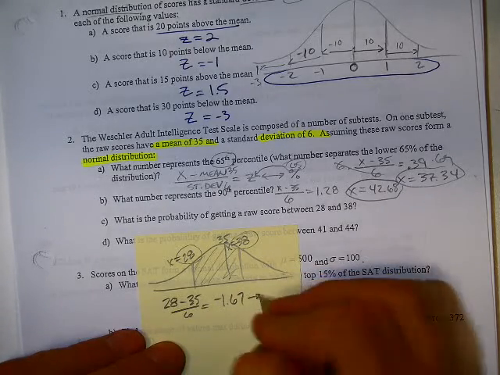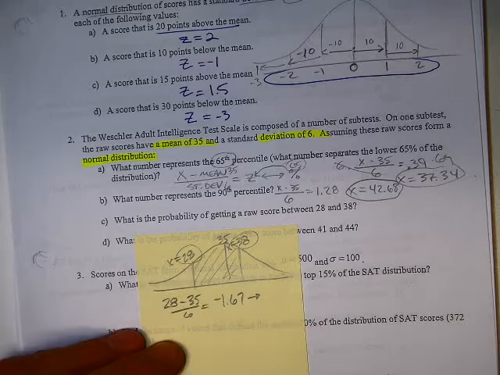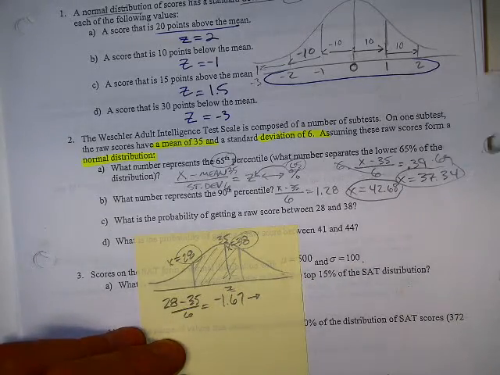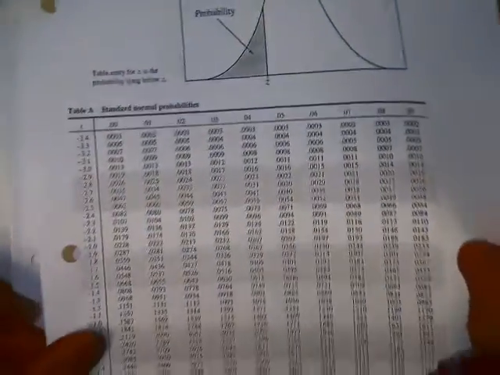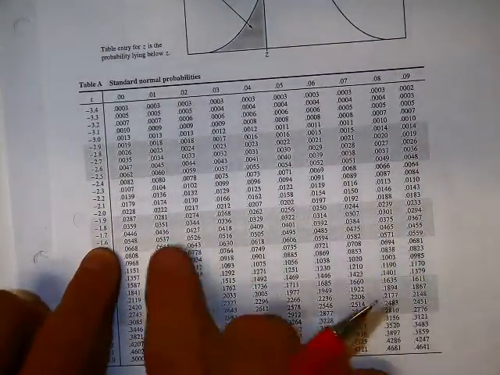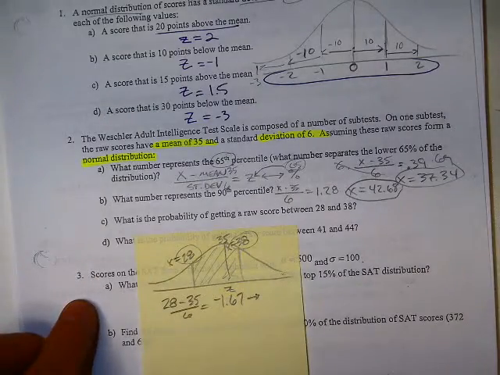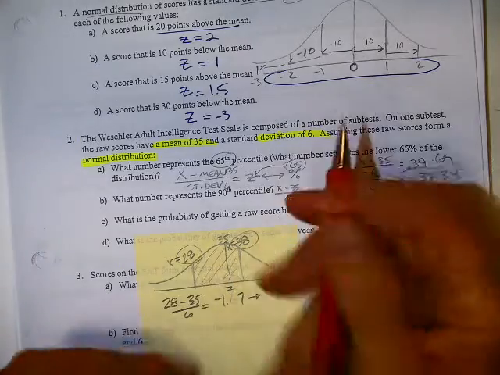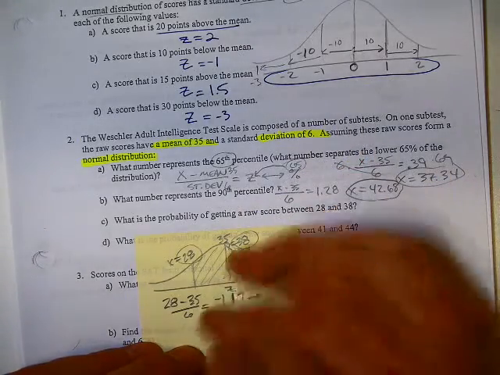And I'm going to turn that into a percentile. So this is our z. Turning that to a percentile, negative 1.6. I'm sorry, I wrote that down wrong. This should be a 1.17. My bad.